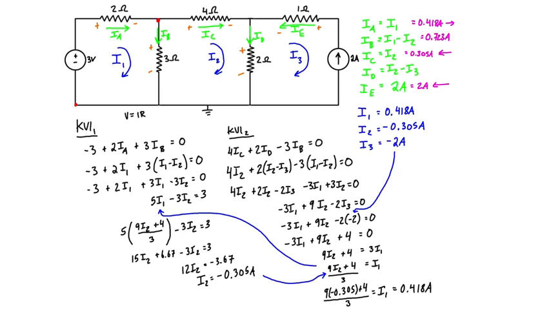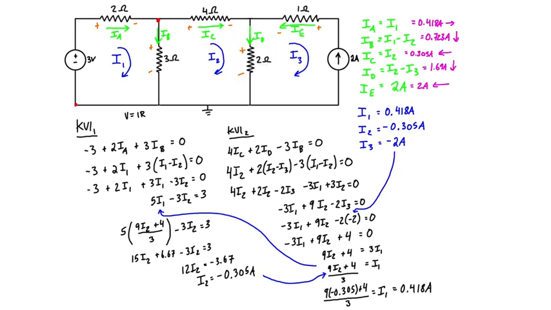And that positive indicates that we have this direction correct, so it is going down. And then same thing here. We have I2 minus I3, so negative 0.305 minus 2. We're basically just adding 2 to that, and we're going to find that's a positive value of 1.69 amps, and that positive value indicates that we've got this direction correct, and that this is in fact going down.